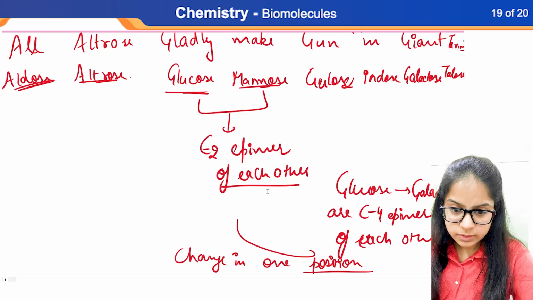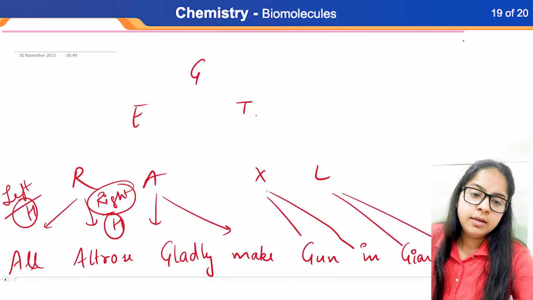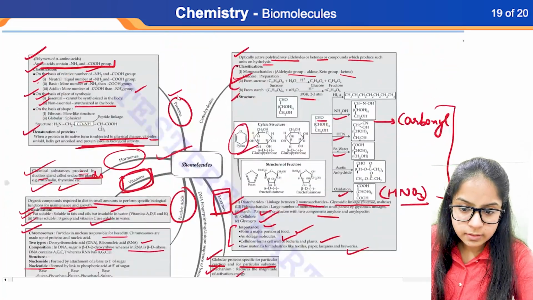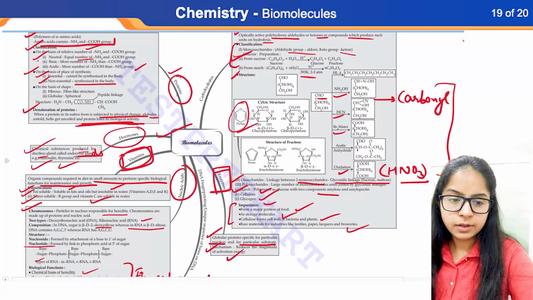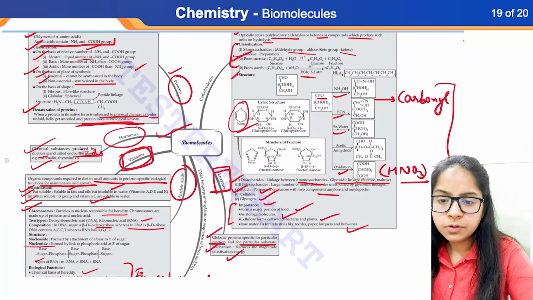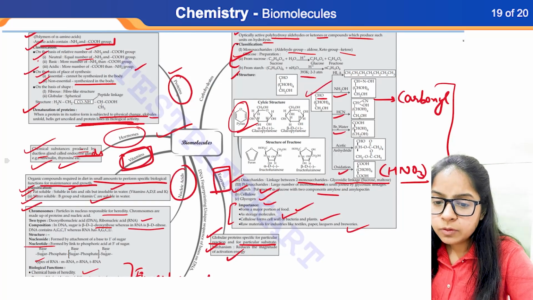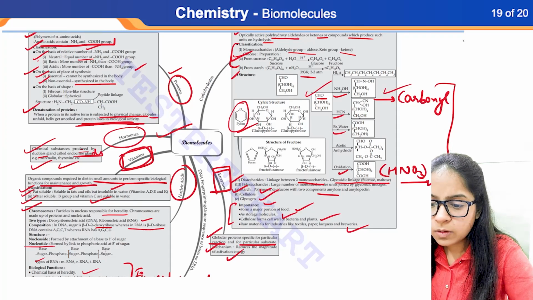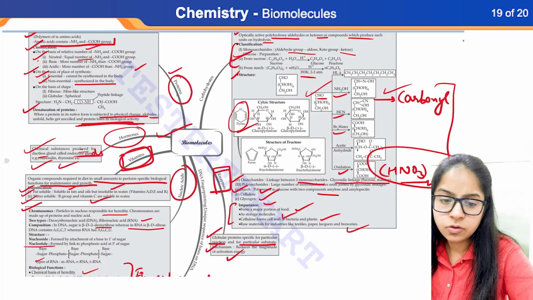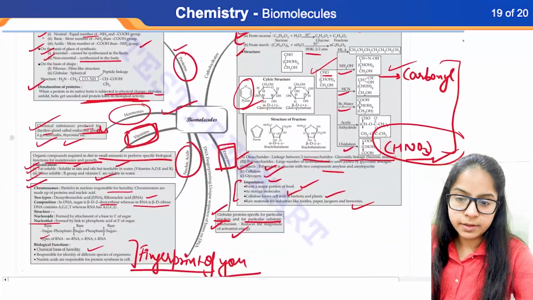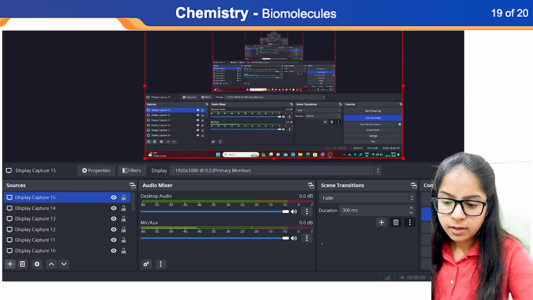Okay, so these are the structures. With that, all the biomolecules are on your fingertips. From the structures you get to know how to make them, whether this is the straight chain structure, whether the carbonyl is present, whether the oxidation, this is the mild oxidizing group. So these are the structures that we need to remember. Okay, I hope I'm clear to you.